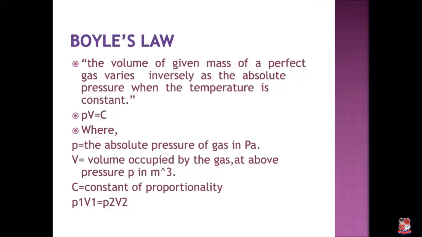It is PV equals constant, where P is the absolute pressure in Pascal and V is the volume occupied by the gas in meter cube. If you put the constant, then P1 V1 is equal to P2 V2.